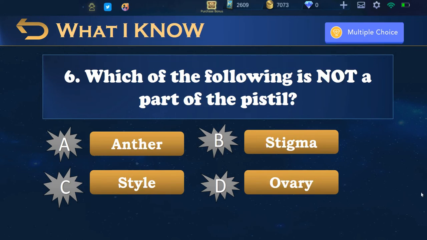Number 6 question. Which of the following is not a part of the pistil? Is it A, anther, B, stigma, C, style, D, ovary? Go. Time is up. The correct answer is letter A, anther.